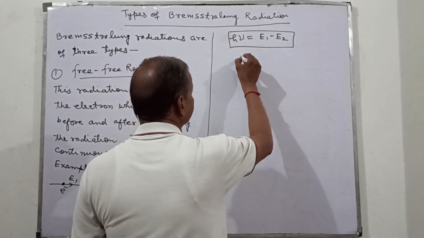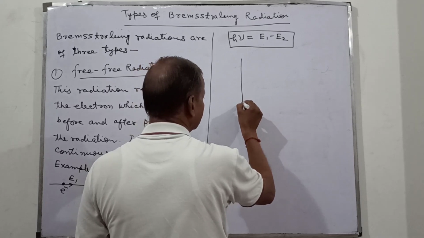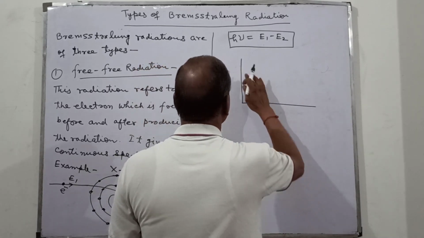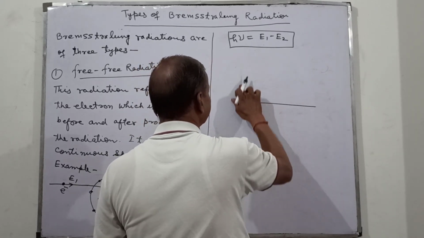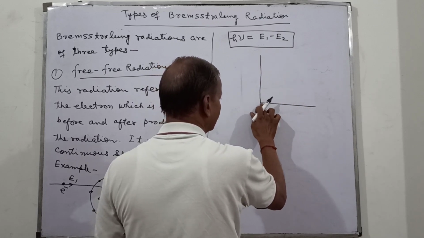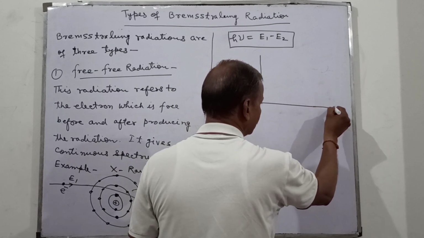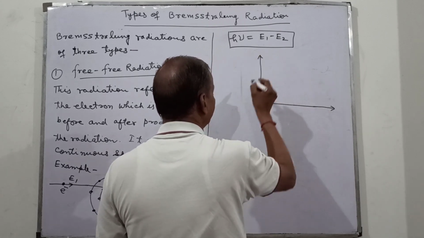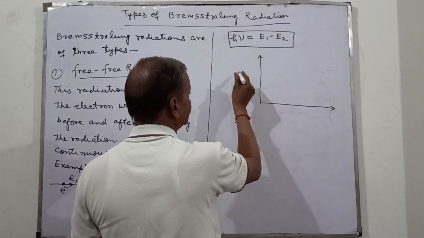So we have the graph of this one, then we can draw it like this. This is the intensity of radiation.